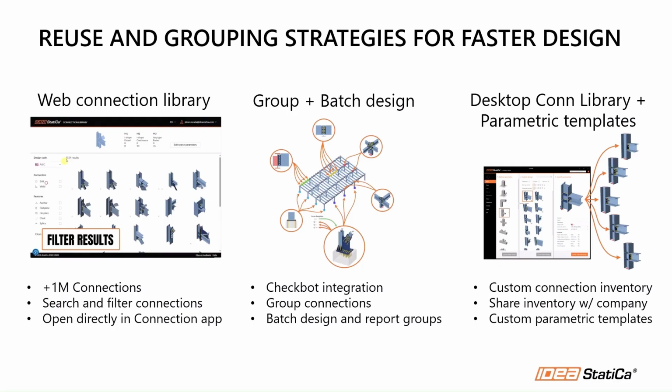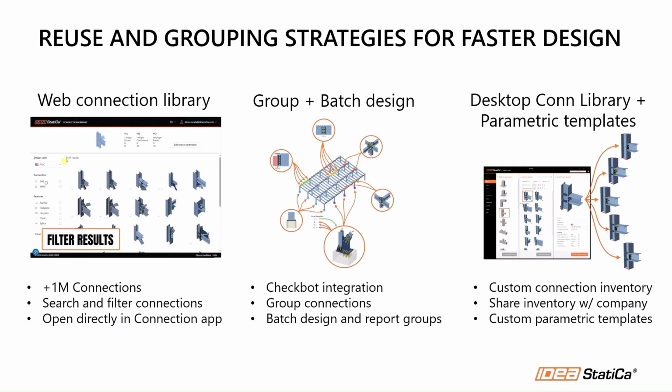The task was looking at a manual way of modeling this connection, starting from scratch in the application, looking at possible templates, and from there, adding our right member sizes and the manufacturing operations. This is being compared against the web connection library where we're going to search for this connection, download it, make the necessary adjustments, and get it ready for the analysis. So we're just looking at getting it from point zero to being ready for the analysis.